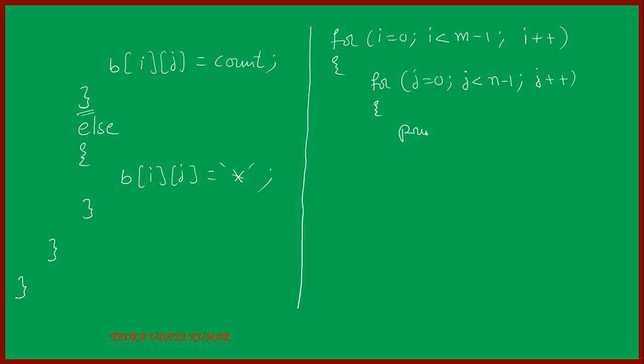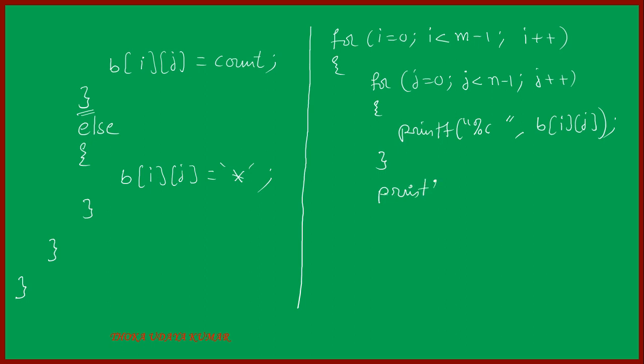printf percentage c, because it is one character, and give some space for each value, comma, b of ij. And after displaying one row, let me display the remaining in another row.